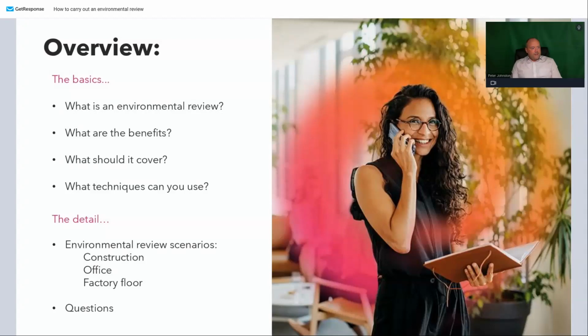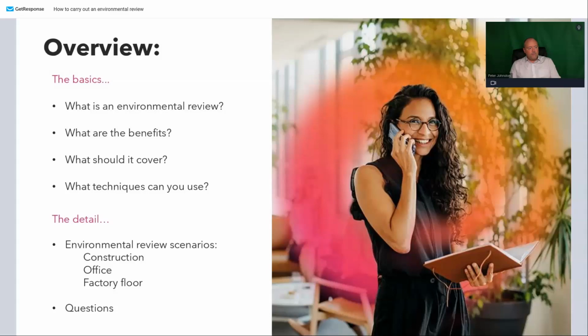So what are we going to be looking at today? We're going to be looking very much at the basics. So what is an environmental review? What are the benefits to conducting an environmental review? What should, or maybe what shouldn't it cover? And kind of techniques, different ways of doing it, we'll have a look at. And then we'll have a look at some actual specific scenarios where we've put together some ideas for construction, for office, and for factory floor.